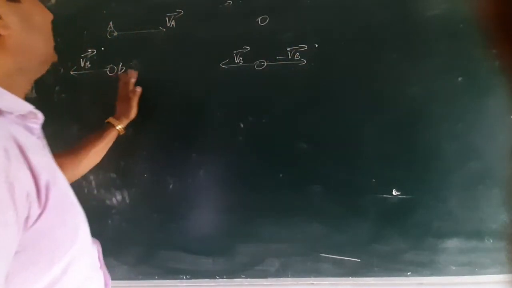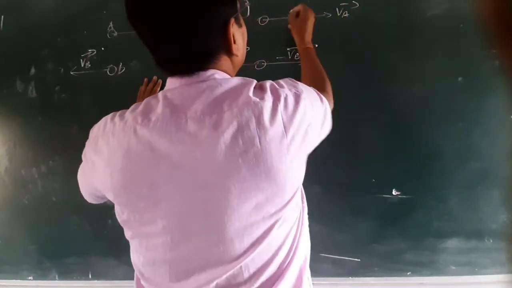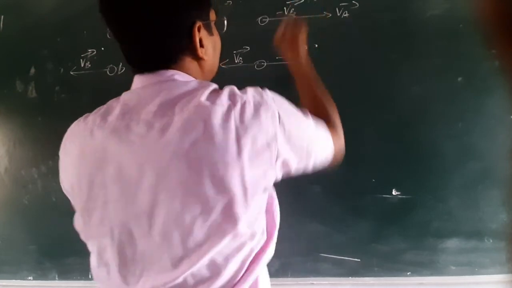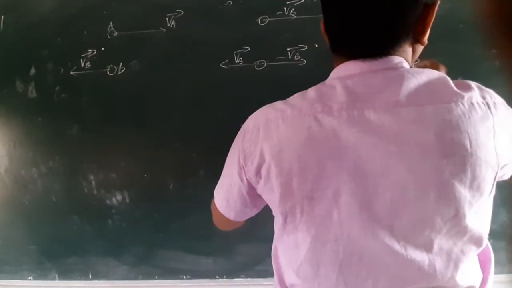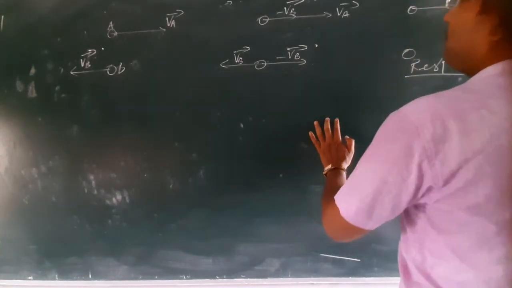Here minus VB, and the same will be done here. This is VA and this is minus VB. Object B is at rest, and this will happen to A. Again the same formula, VA minus VB, is the relative velocity of A with respect to B.